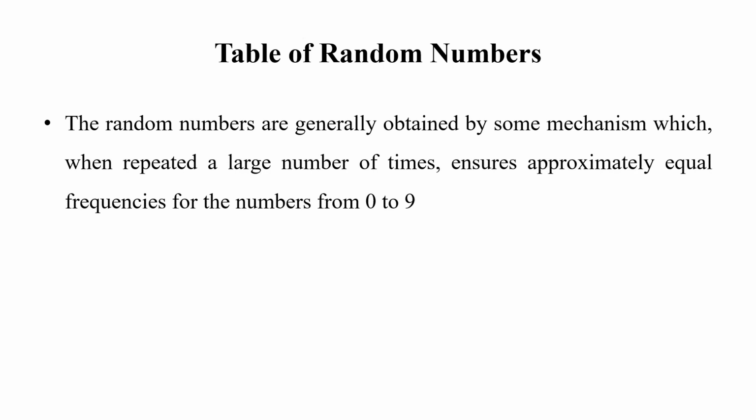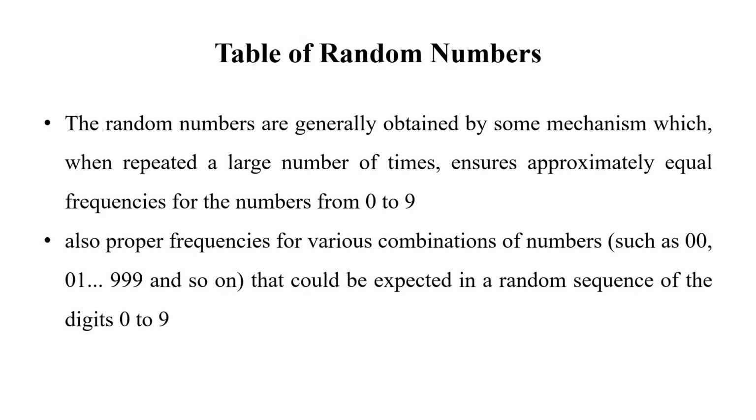So we have another method known as the table of random numbers. This table of random numbers is generally obtained by a mechanism which, when repeated a large number of times, ensures approximately equal frequencies for the numbers from 0 to 9. And also various combinations are available such as 0001, 999, and it goes on.